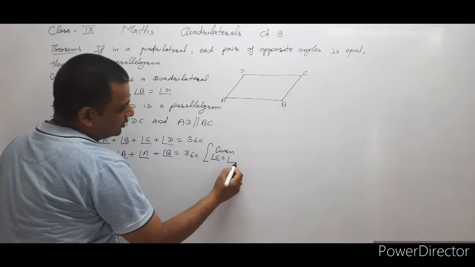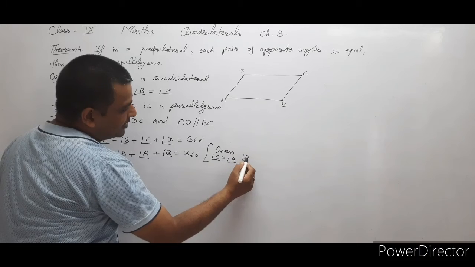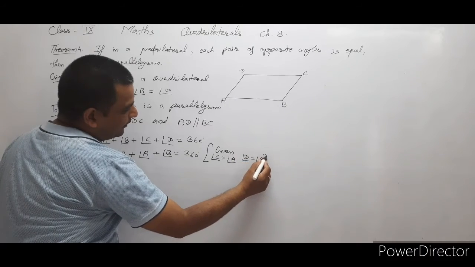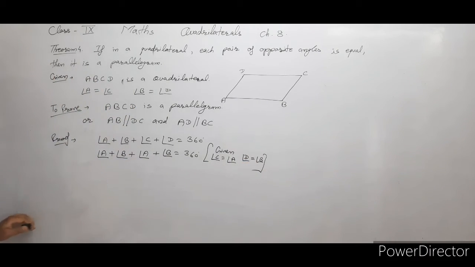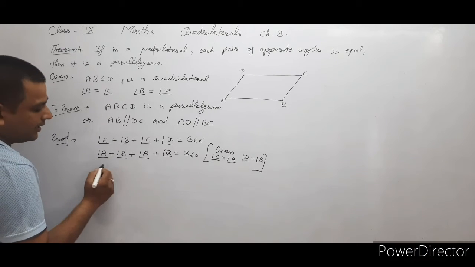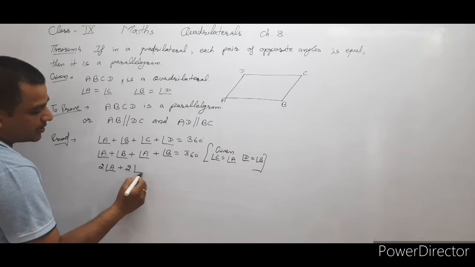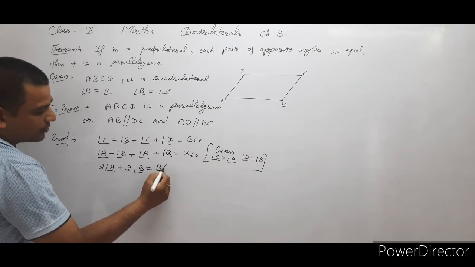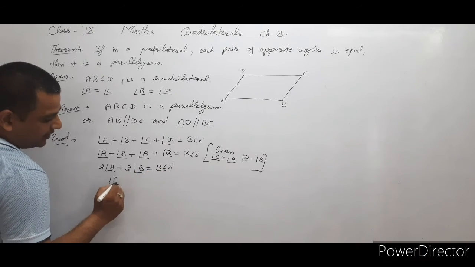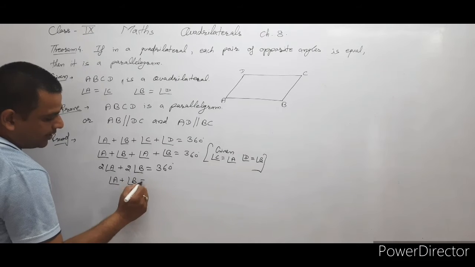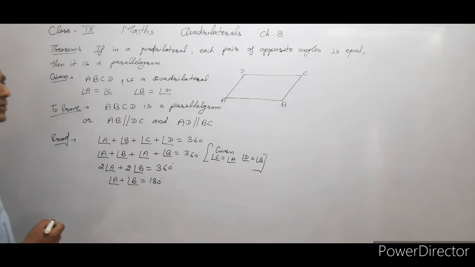That's why angle A plus angle A becomes 2 angle A, angle B plus angle B becomes 2 angle B is equal to 360. That means angle A plus angle B is equal to 180.